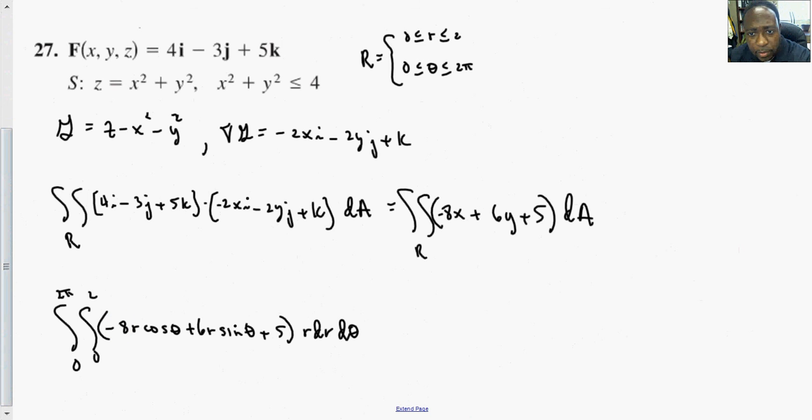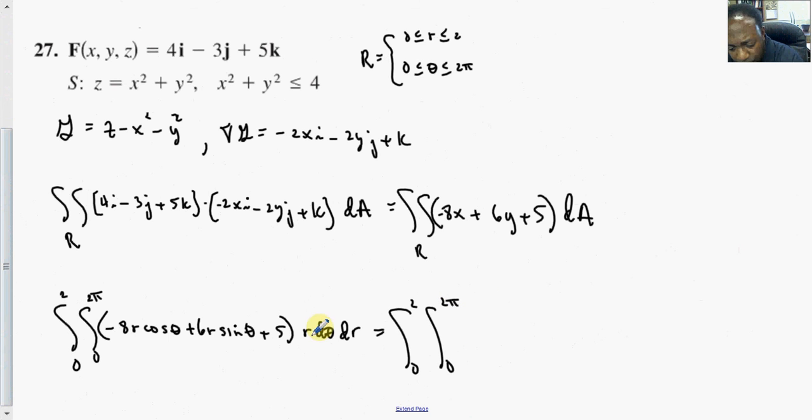So here's what I'm going to do. We're going to say this is from 0 to 2 pi, and this is from 0 to 2, and this is d theta dr. If you can see that, fine. Use it. Integral from 0 to 2, integral from 0 to 2 pi.